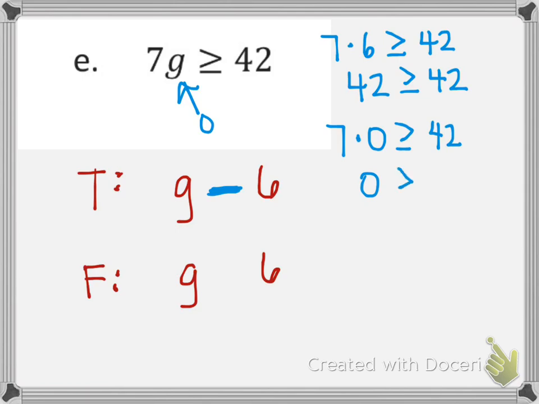So 0 is greater than or equal to 42 is a false statement. So if I choose a number that's smaller than 6, it's going to be false. So the less than sign goes on the false side, and that means that the greater than sign goes on the true side. Anything greater than or equal to 6 will make this true, and anything smaller than 6 will make it false.